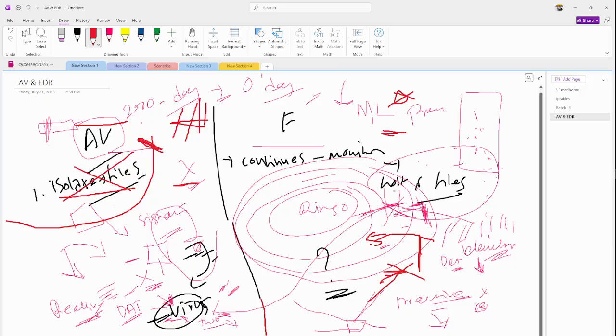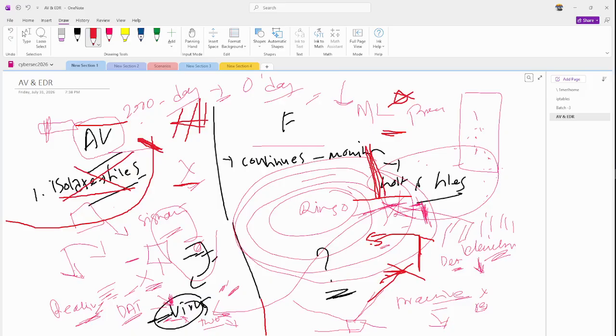If someone tries to access the kernel here, you just flag it. So that is the difference.